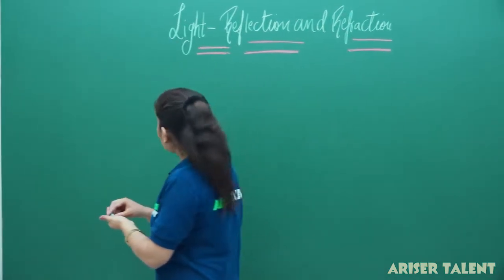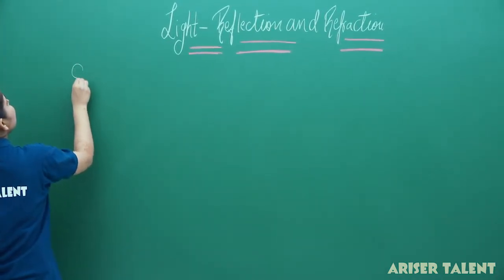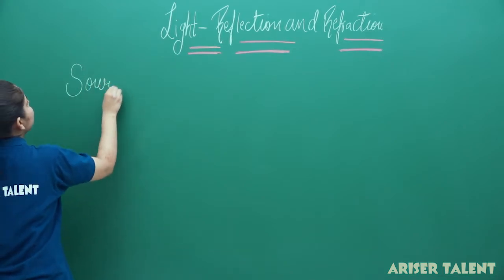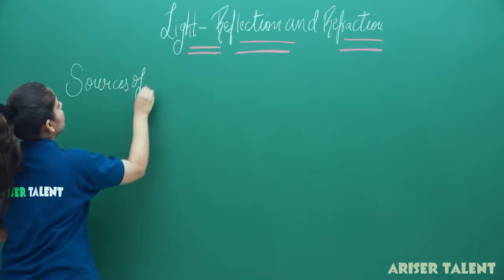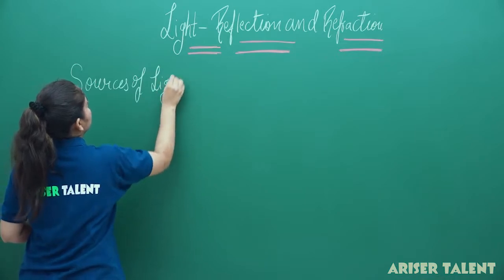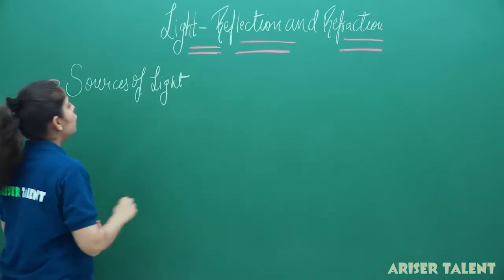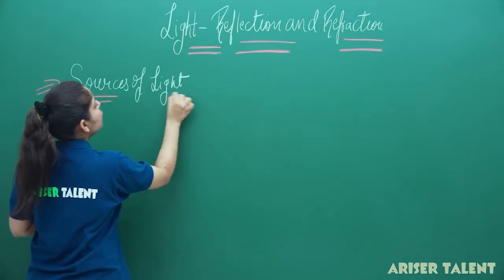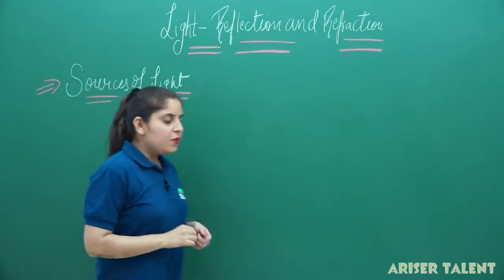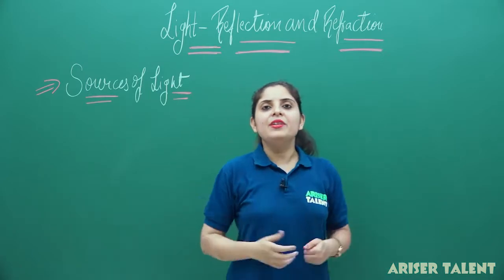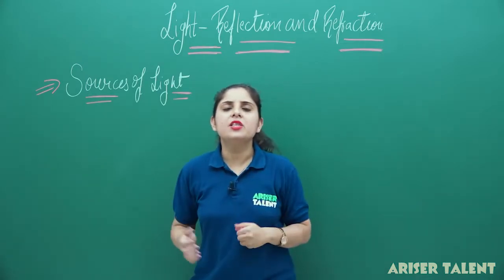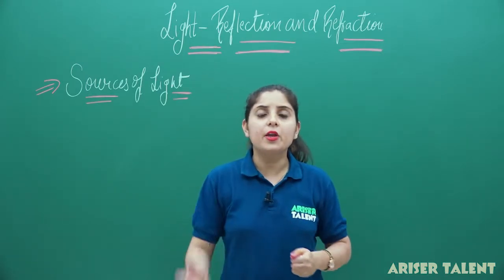There are many sources in nature from which light is coming. Actually, we have two sources of light. The first is that some things have a tendency to emit light and some things do not have a tendency to emit their own light.